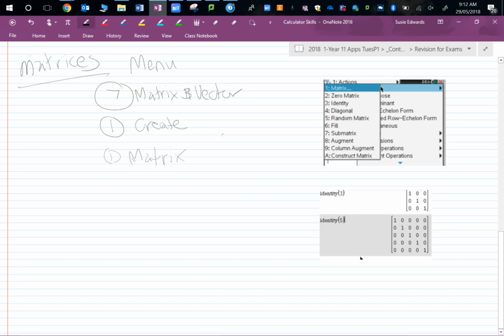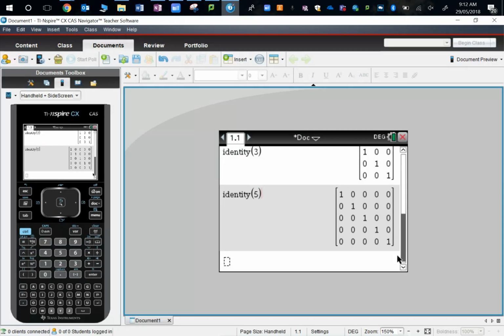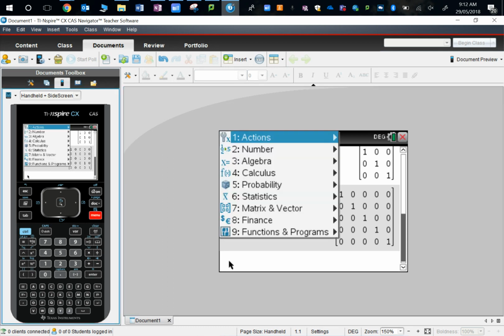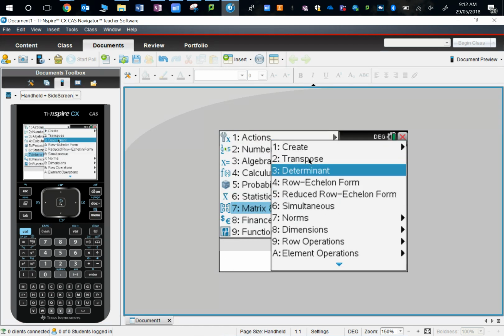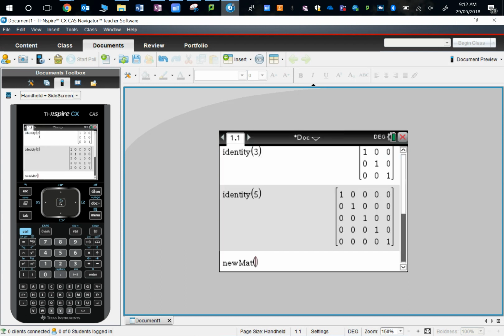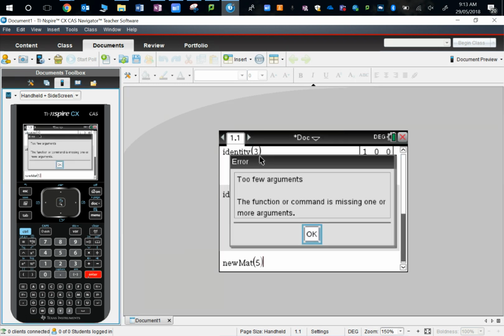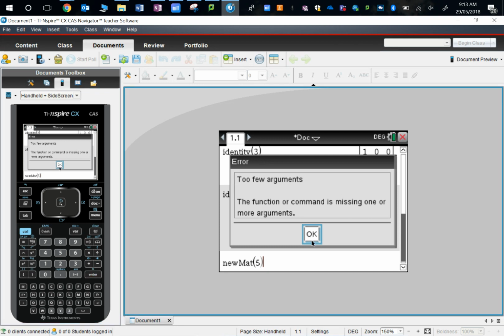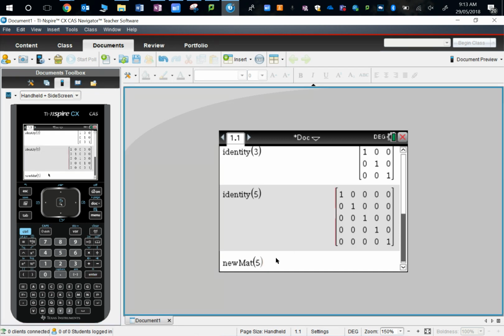If I do 0 matrix, I think it's going to be the same, but let's just double check. So I'm going to put in a 0 matrix, menu, matrix, create, 0 matrix. Now this might be a bit different. I haven't used this before, as I said.